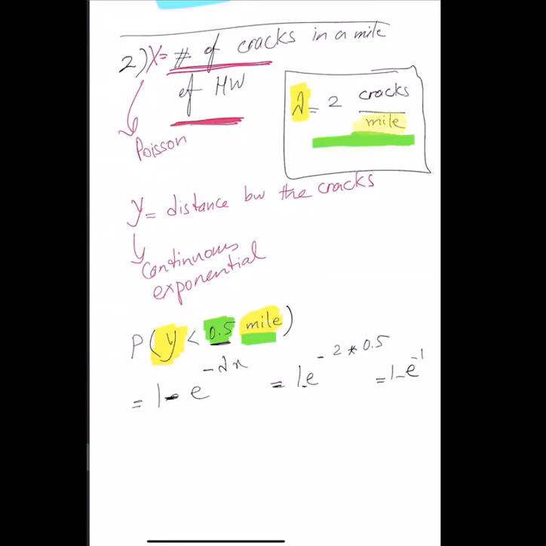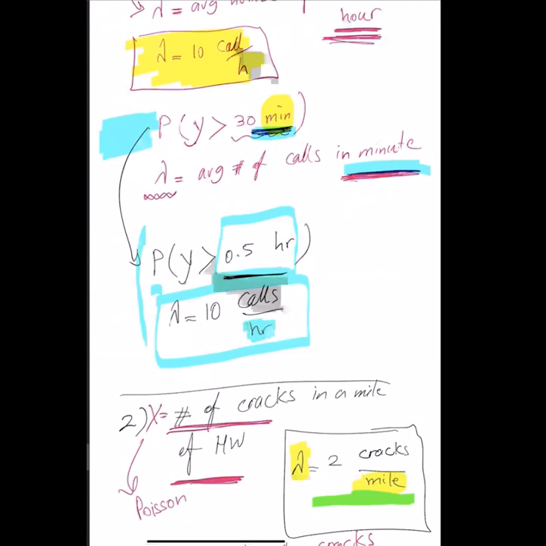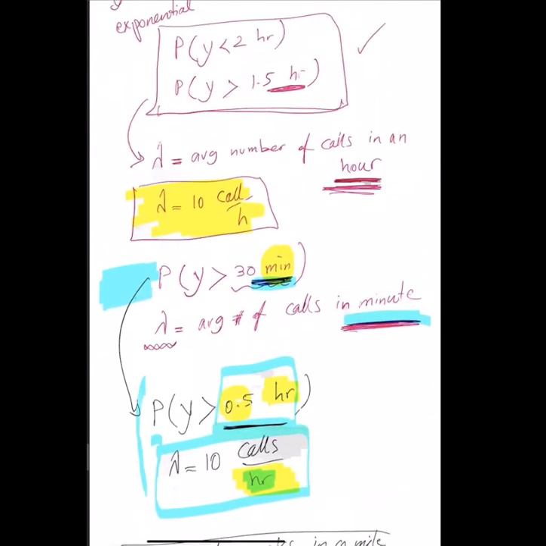If the question asks you, what is the probability that the time till next call is greater than half an hour, then your lambda should also be in terms of average number of calls in an hour, the same time unit. If I ask you what is the probability that the time till next call is greater than 30 minutes, then your lambda also should be based on average number of calls per minute.